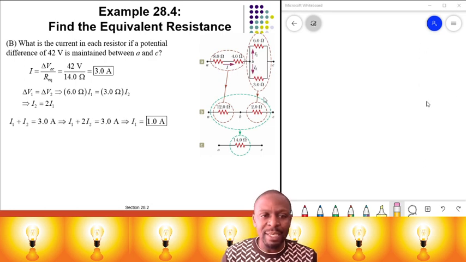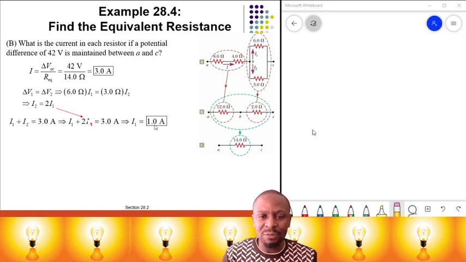Therefore, I2 will be equal to twice I1, because these resistors are connected in parallel. Now you can write the equation because you know the total current. The total current is the current passing through the 8 ohm resistor and the 4 ohm resistor, and it is split. Knowing that I2 is equal to twice I1, we can get I1 from I1 plus I2 equals 3, so I1 plus 2I1 equals 3.